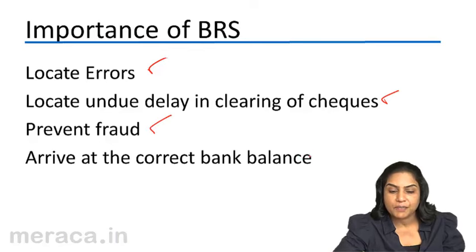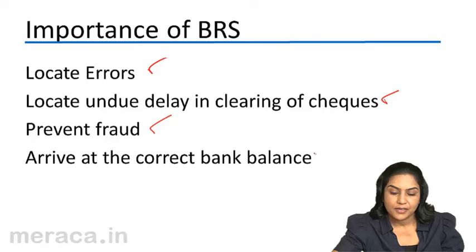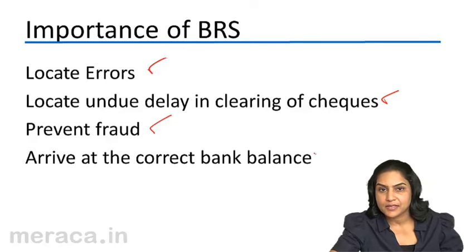Another importance of the bank reconciliation statement is to arrive at the correct bank balance. At the end of the year, what should be the bank balance that should be shown in the balance sheet? Is it the one which is shown as per the cash book? Is it the one that is shown as per the passbook?